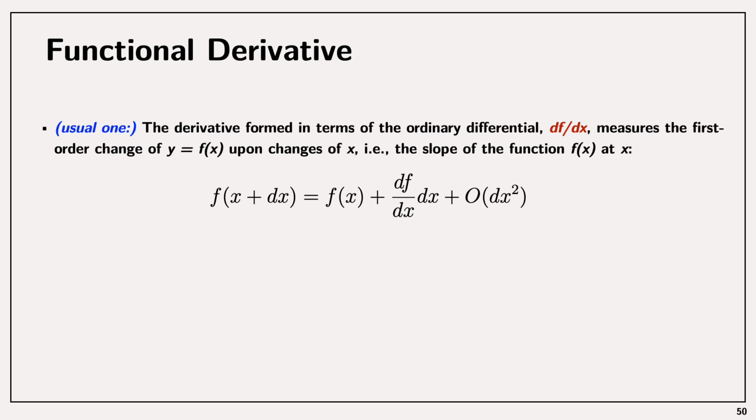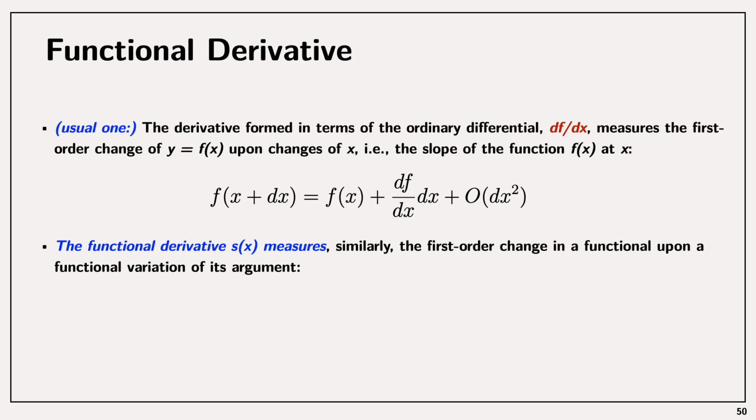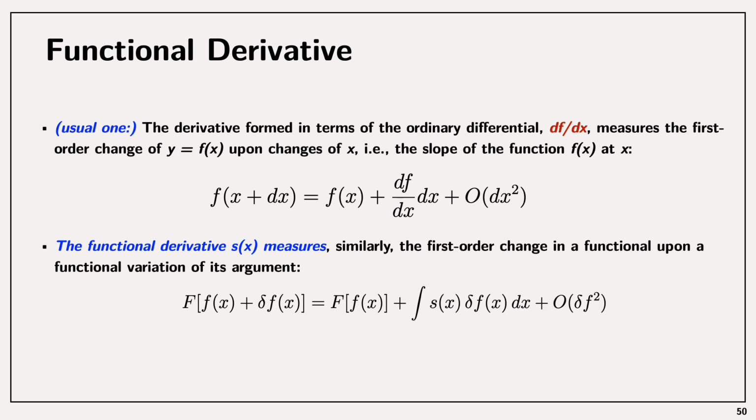Now, the functional derivative S of x also measures the first order, if you think about Taylor expansion, about a change in the argument. So basically, what we have is something like this. This is probably the fundamental equation that it's important to understand. There's not much to understand if you understand the first one, but it's essential.